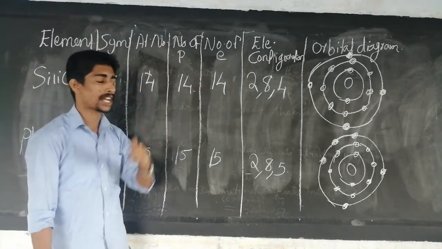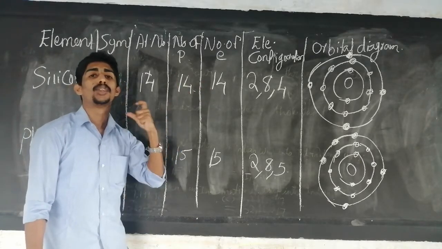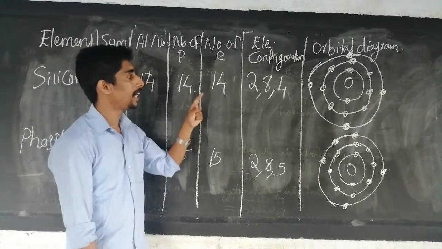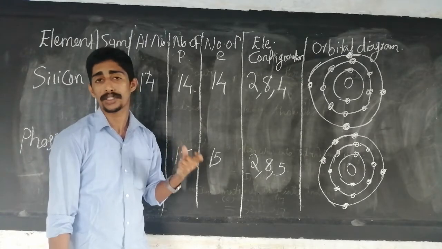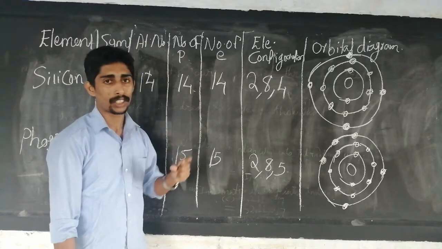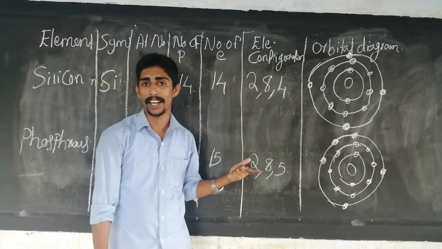So how many electrons are there? 14. Among these 14 electrons, 2 electrons will go to the first shell. Then how many electrons are remaining? 14 minus 2, 12 electrons. From these 12 electrons, 8 electrons will go to the second shell.